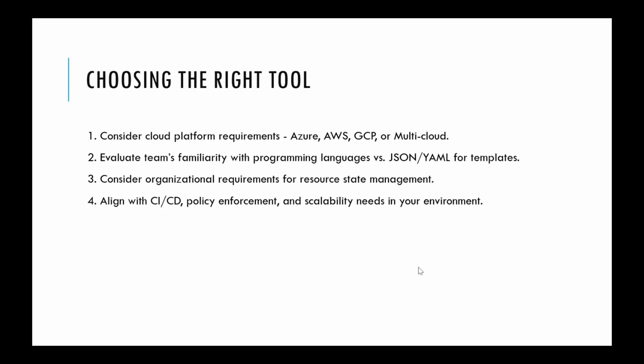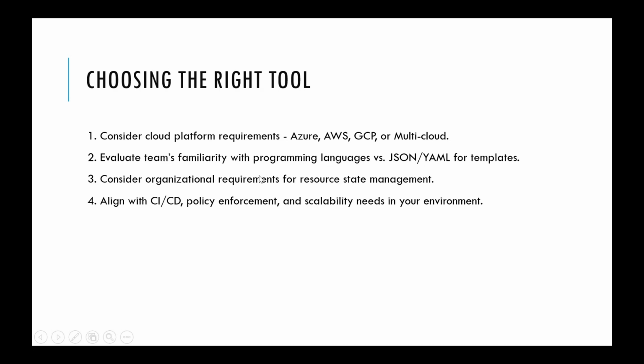Now let's see. This slide will help you to choose the right tool based on your requirement. If your requirement is to consider cloud platforms like Azure, AWS, GCP, or multiple clouds, you can decide based on that.